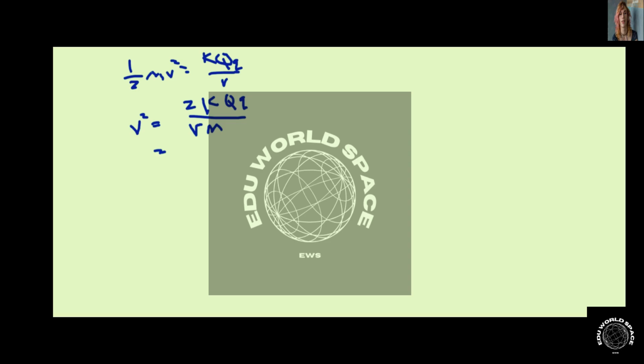So if you plug in all the values, so 2 times 9 times 10 to the power, sorry, what's Coulomb's? 10 to the power 9, yep, times the first charge.